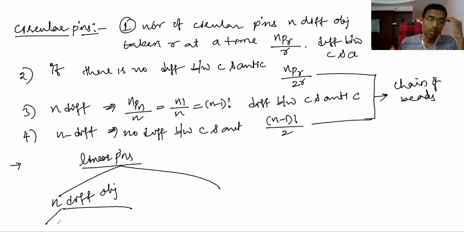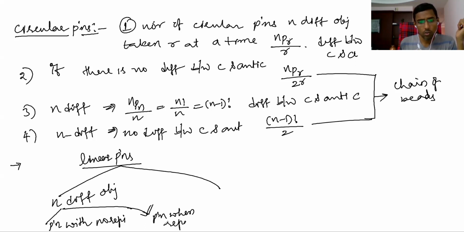When n different objects are given, permutations with repetition not allowed, with no repetition of objects. Second, what we discussed is permutations when repetition is allowed. When repetition is allowed, we discussed n to the power of r, while nPr is for no repetition.